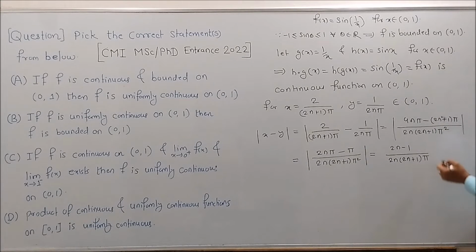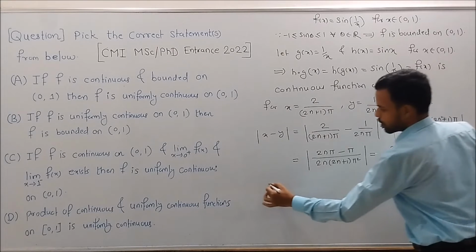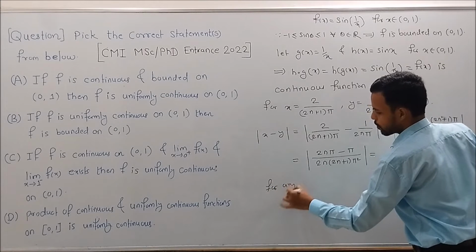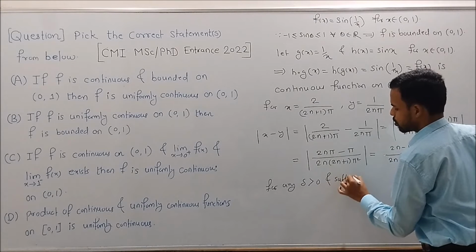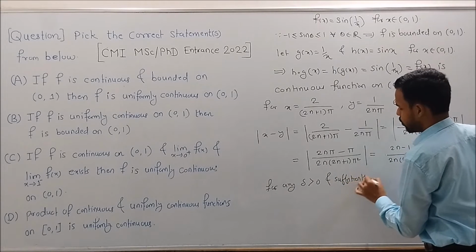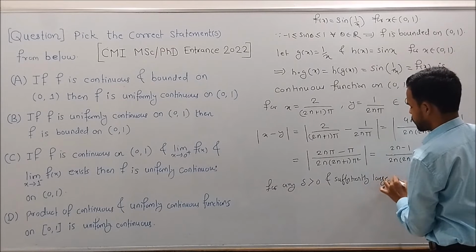And clearly this is less than delta for any delta greater than 0 and sufficiently large n.